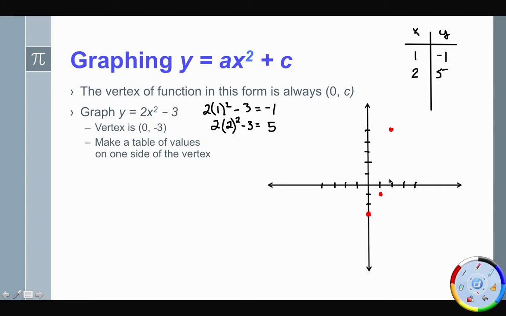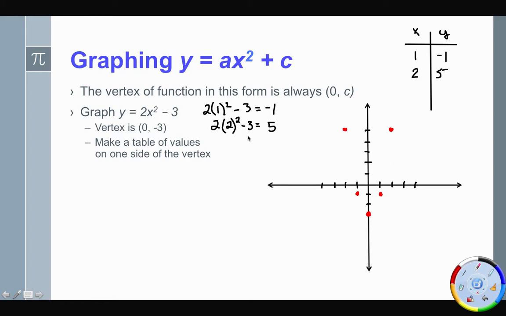A quadratic grows very quickly as the x gets bigger. Now, we have mirror images to these points. Notice I went right 1, up 2. Here I'm going to go left 1, up 2. Or you think about the mirror image across the axis of symmetry, which is through the vertex. Likewise, I'm up here at 5. I'm right 2, so I have to go left 2.